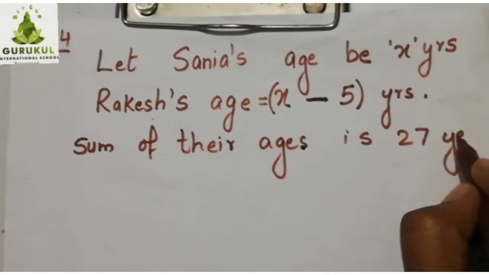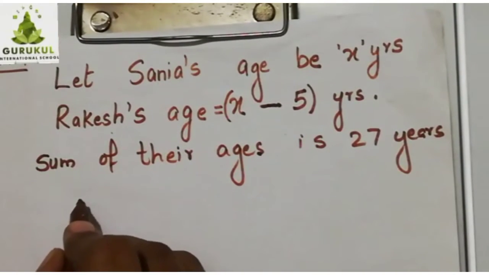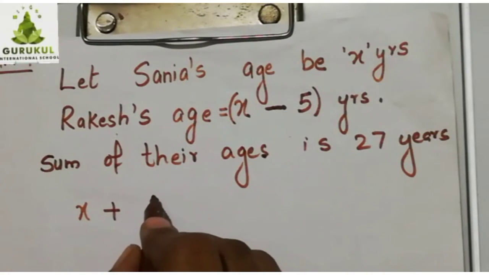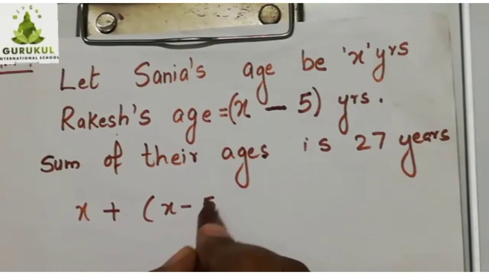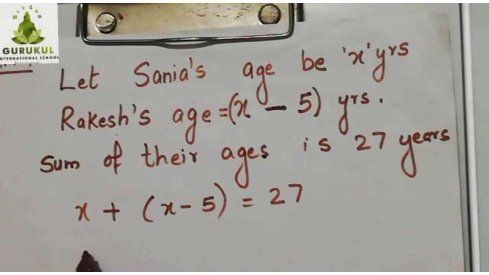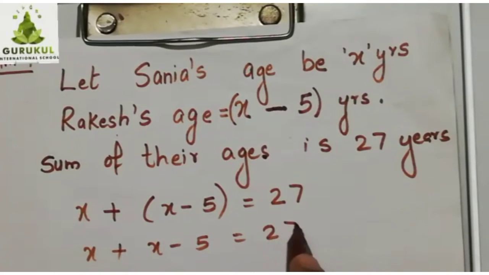So what do you get here? Sania's age X plus Rakesh's age X minus 5 is equal to 27. Here there is a plus sign, so open it directly. So X plus X minus 5 equals 27.